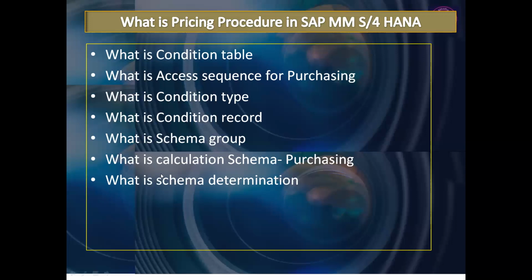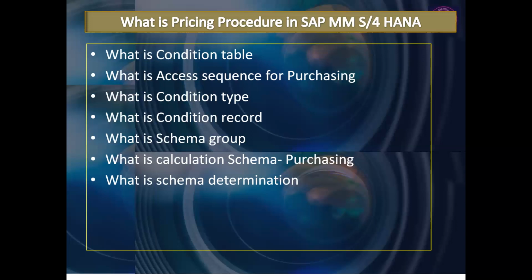Then what is calculation schema? What calculation schema do we have in purchasing? This is new. If you have worked in ECC, earlier it was only calculation schema, but now it is calculation schema for purchasing. What is the use of this? Here we check the sequence for the calculation, whatever pricing calculation we will do, like our discount, basic price, gross price, freight charges, or transportation charges, whatever we will maintain.